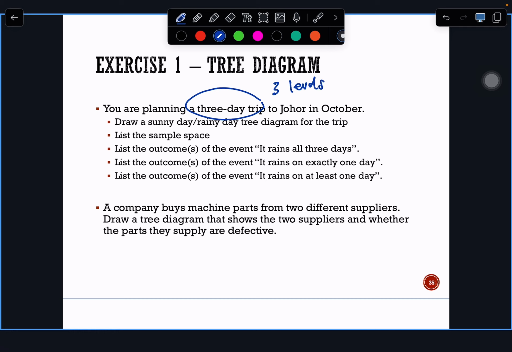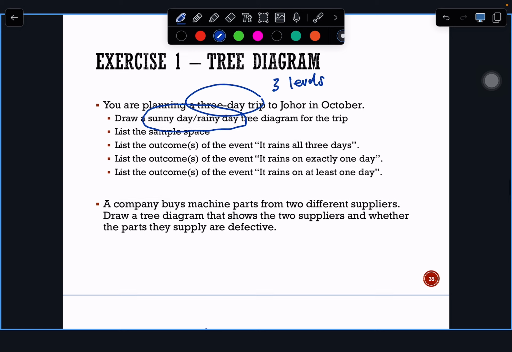How many branches should we have? Sunny day, rainy day. What does it mean then? 2 branches.